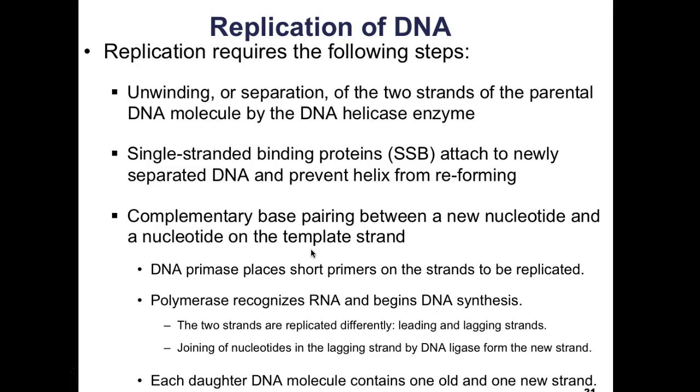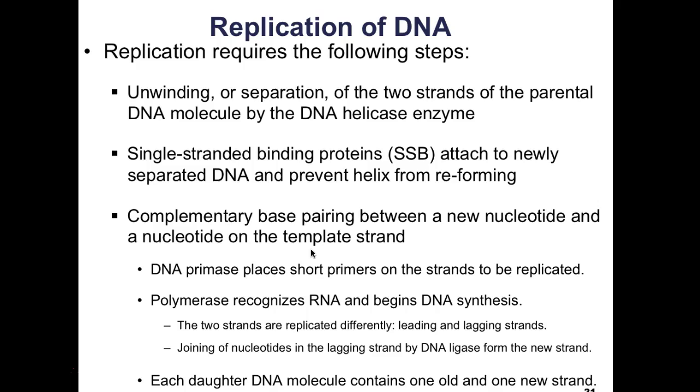DNA polymerase recognizes RNA and begins DNA synthesis. So the two strands are replicated differently. One strand will be called the leading strand. The other strand will be called the lagging strand. And that basically is in association with the way replication occurs in that 5' to 3' direction.